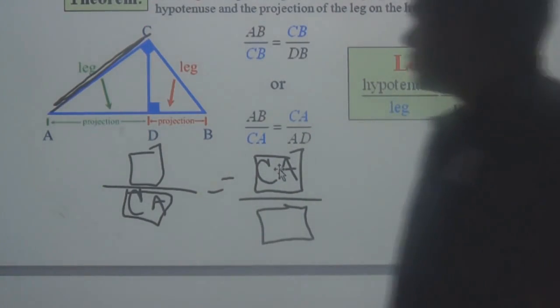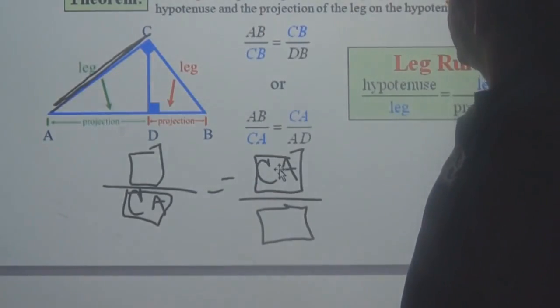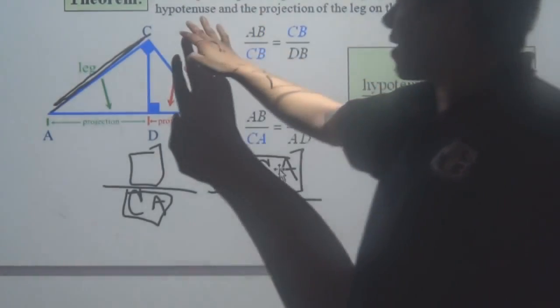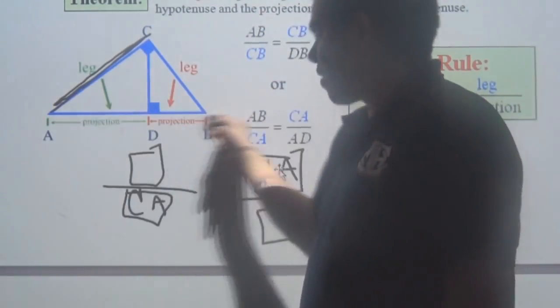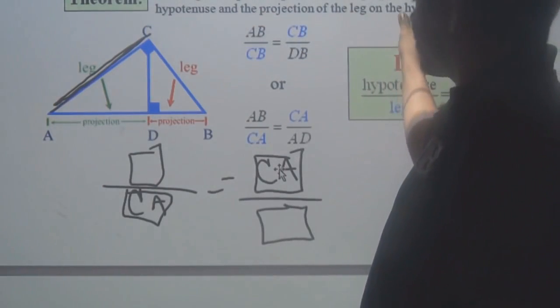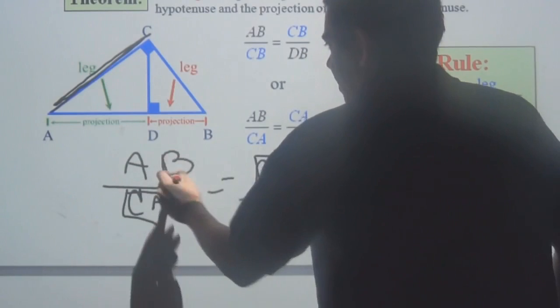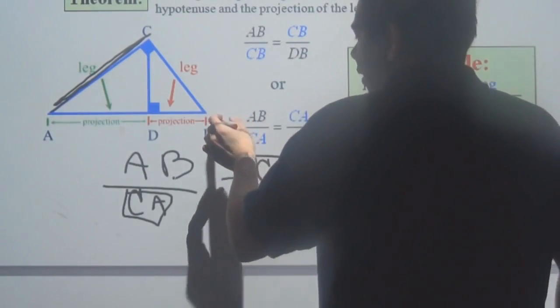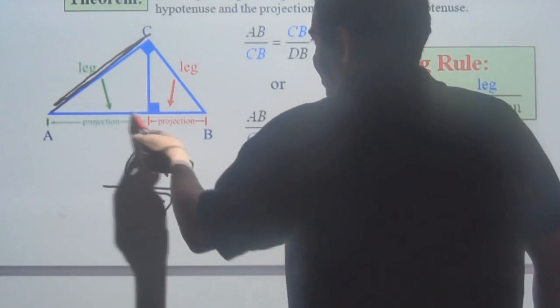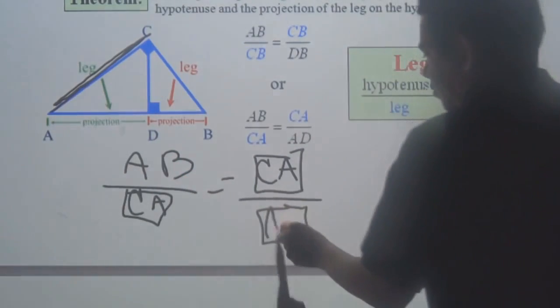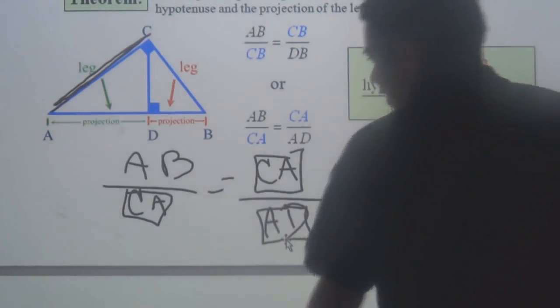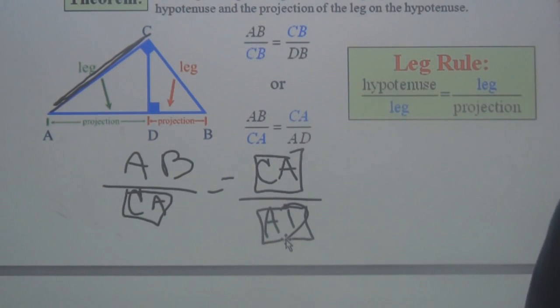Okay, and now it is the mean proportional between the hypotenuse, which is what? The big one, and the projection of the leg on the hypotenuse. The hypotenuse is AB. Okay? And the projection is right here. So that's AD. So AD goes here. Hopefully I did a good job.